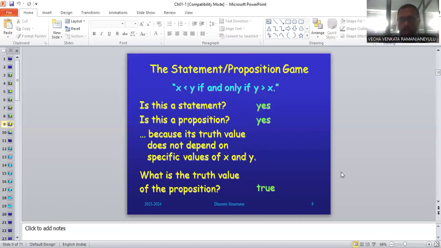It does not depend upon the values of x and y. Here the proposition is totally true. Next.